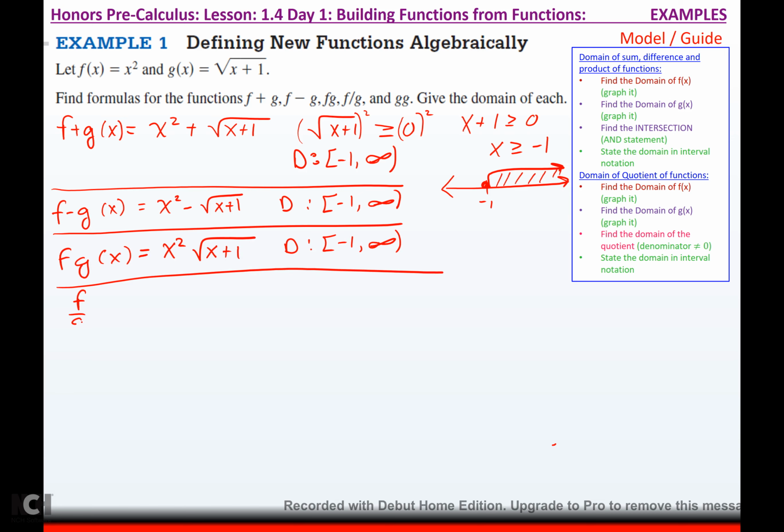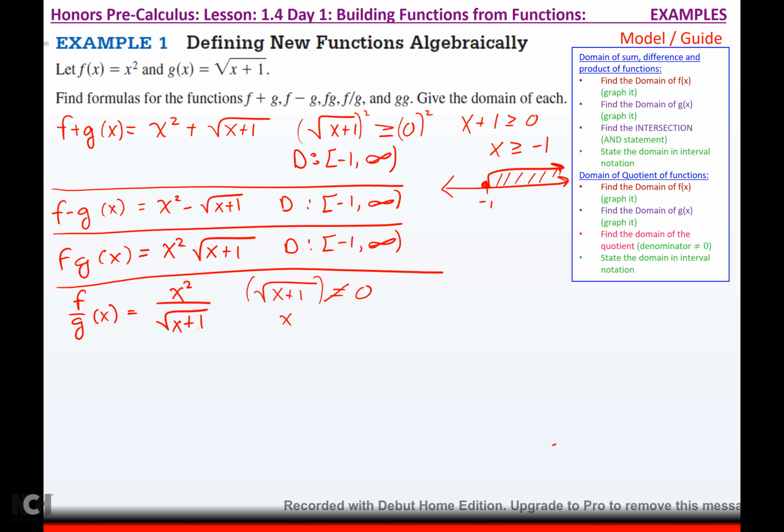F divided by g of x is going to be my f function divided by my g function. And now we have some drama. Yes, x plus 1 still has to be greater than or equal to 0, but now it's also a denominator. So I also have to say, Mr. Denominator, you may never equal 0.